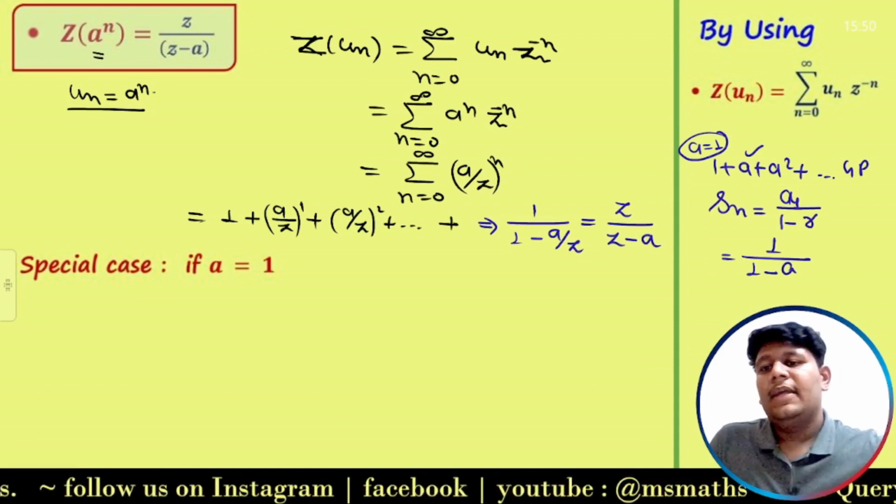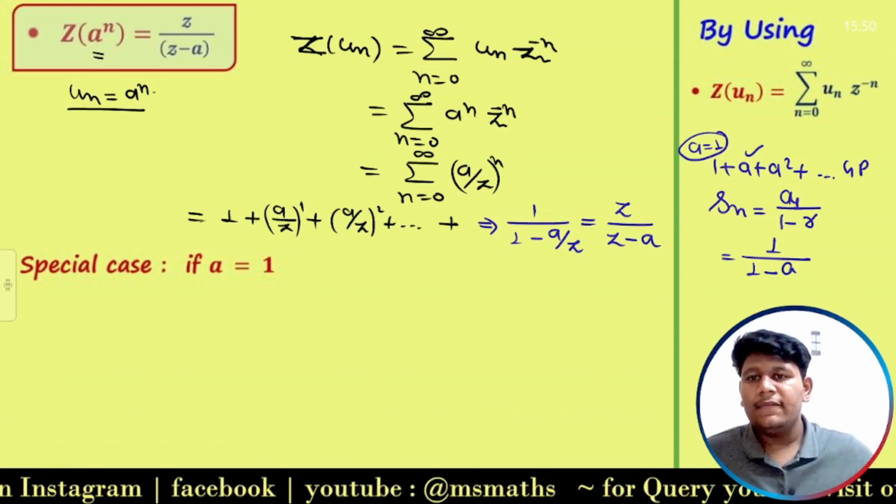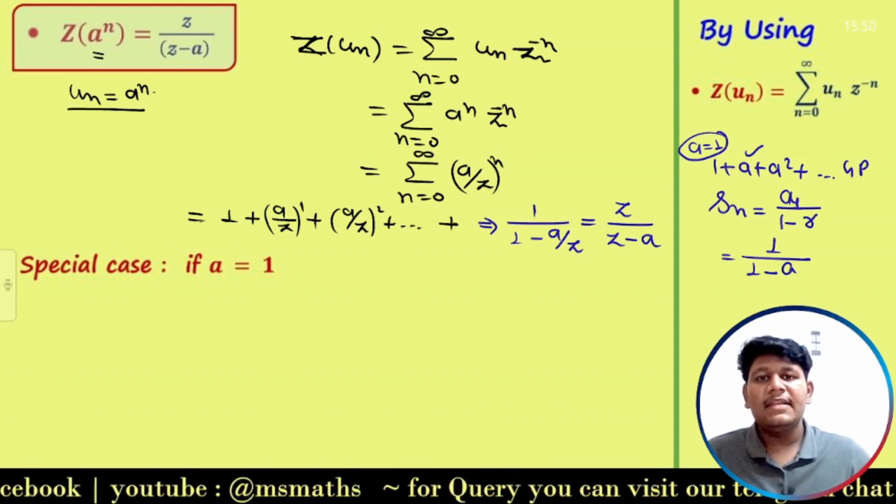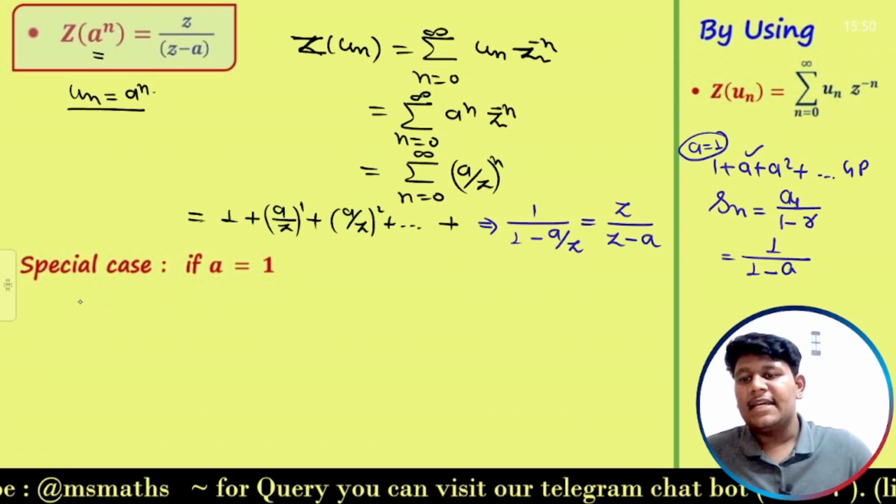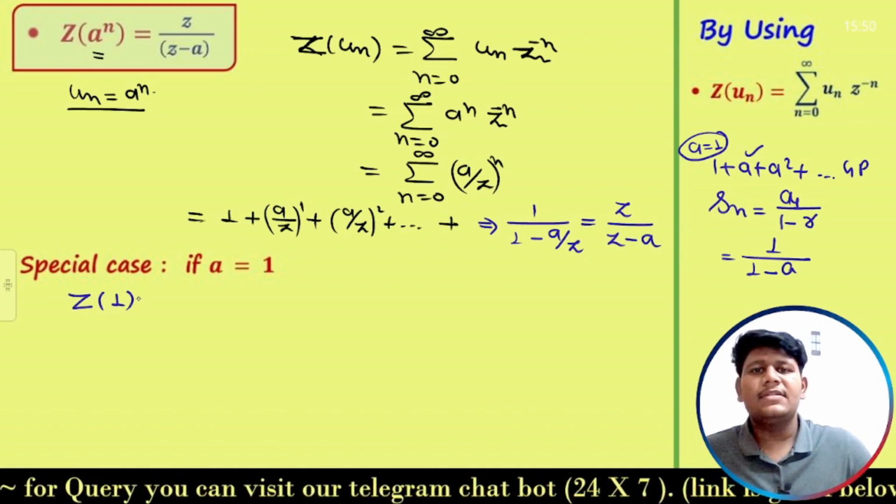Now here I'm taking just a special case. If a is 1, we can calculate the z transform of 1. What is the z transform of 1?